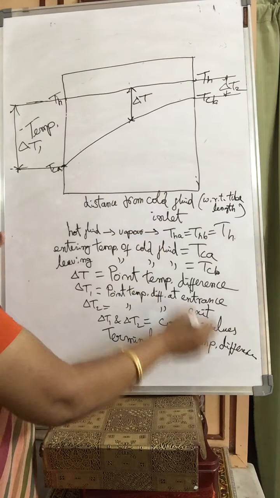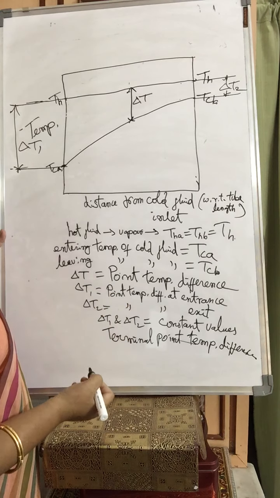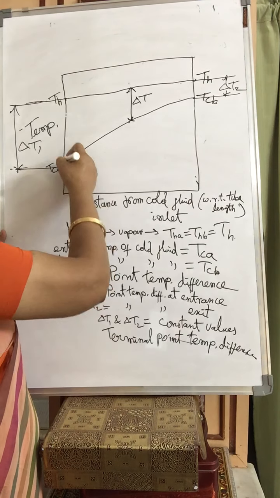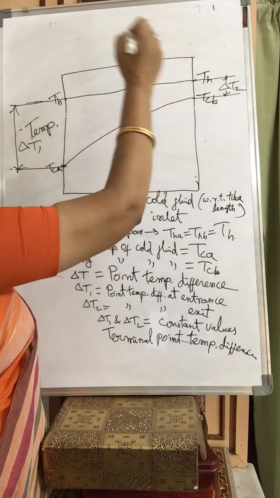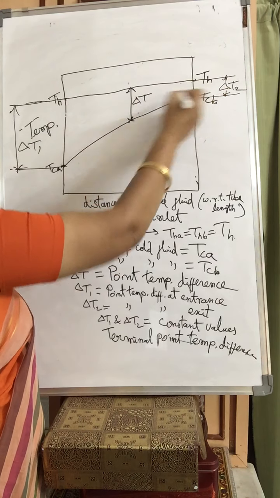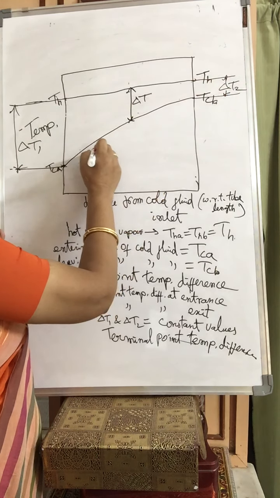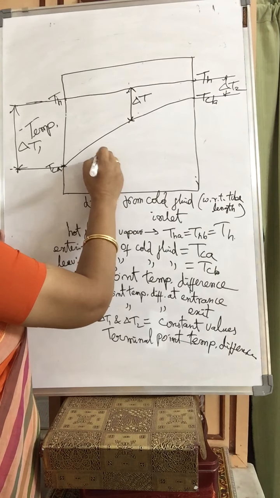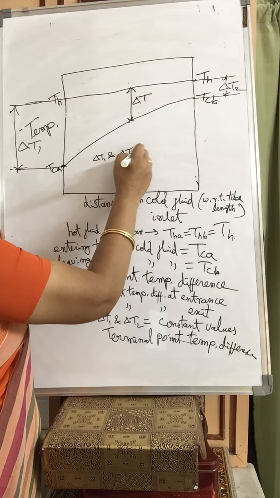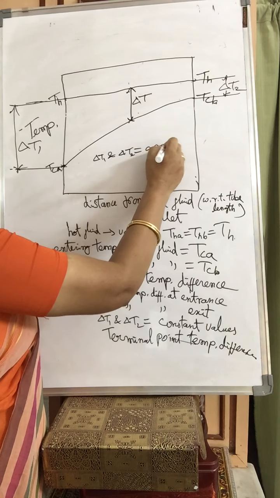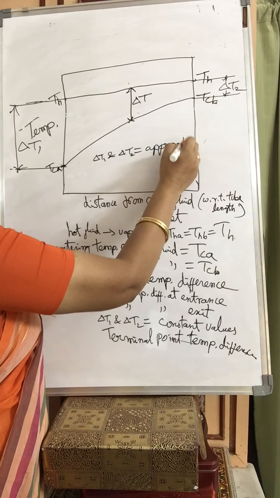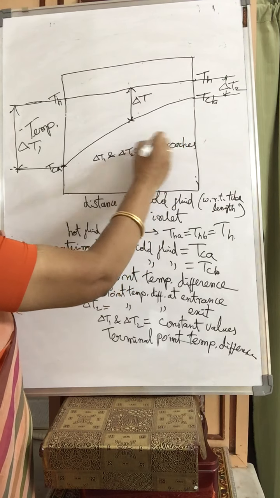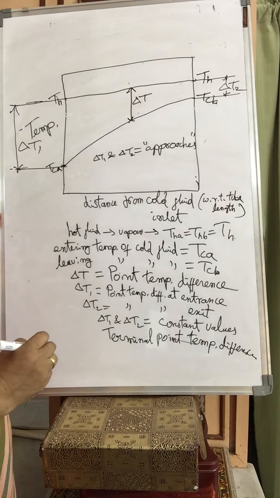So delta T1 is constant, delta T2 is constant, but delta T varies between delta T1 and delta T2. And this delta T1 and delta T2 are called approaches.